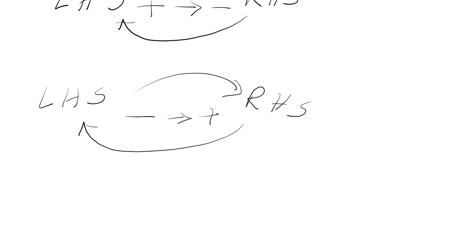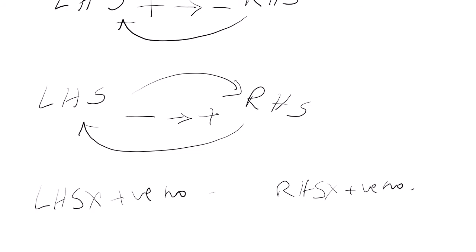When you multiply or divide both the sides, left hand side and right hand side, by a positive number, the sign of the inequality remains the same. If the left hand side is multiplied by a positive number, and the right hand side is also multiplied by the same positive number, then the inequality does not change.